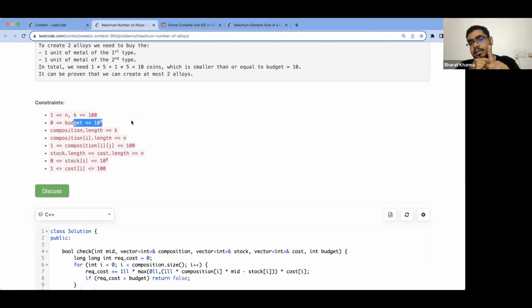So to make one, only one unit is needed. Now, if with 1 unit we can make one, let's say we already have 10^8 in stock, plus we have a 10^8 budget. So we can buy 10^8 more if the cost is also 1. So in total, we can in a way make 2 into 10^8. Does that make sense? This is the case where we can make 10^8 alloys.